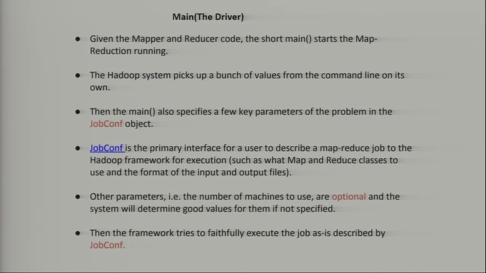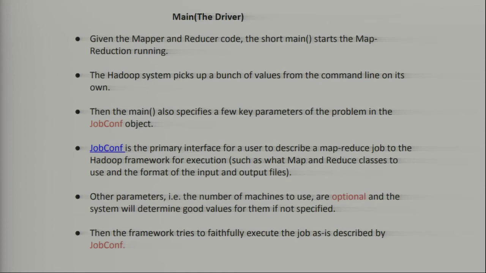So basically, it will be having the idea that there is a word, that is the key, and a value which will be having the number of times it has appeared. So that is the object, the JobConf. So it is the primary interface for a user to describe a MapReduce job to the Hadoop framework for execution, such as what map and reduce classes to use and the format of the input and output files.